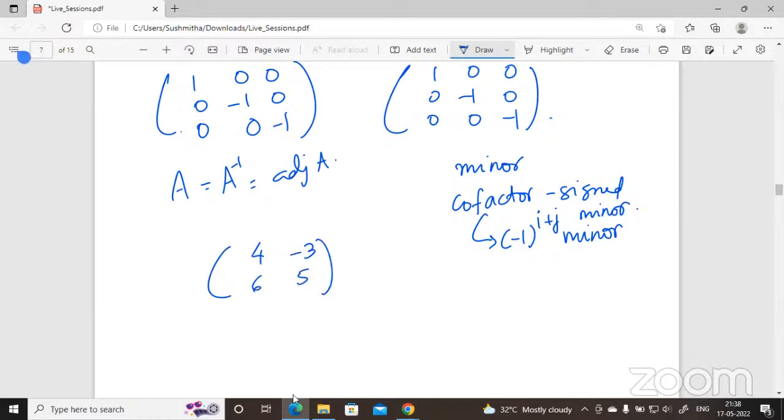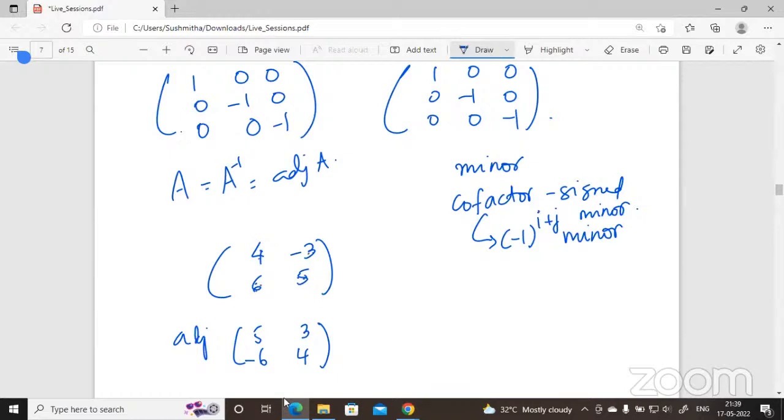If I want to calculate the minor of 4, the adjoint of this matrix: 5 and 4. You just interchange these two entries and then change the sign of the other two.